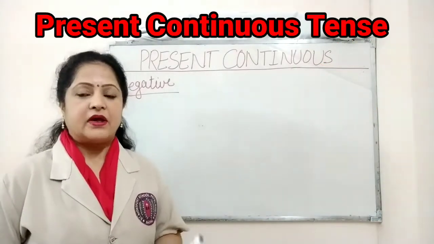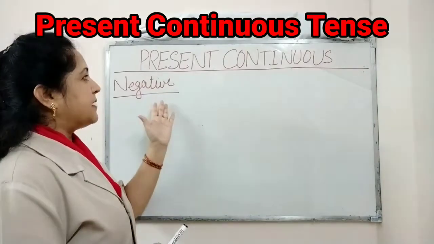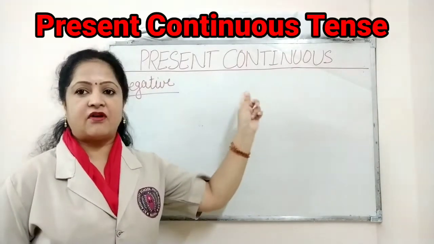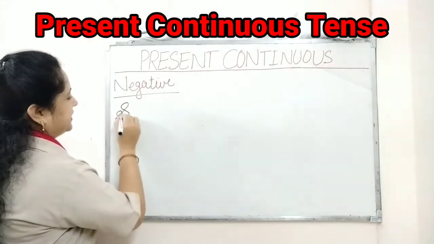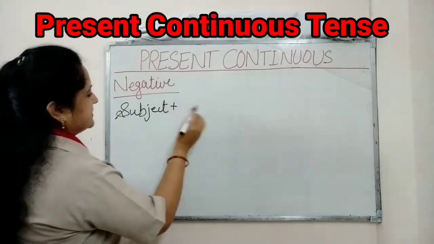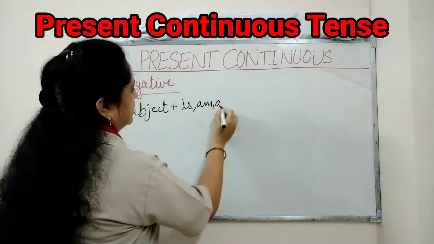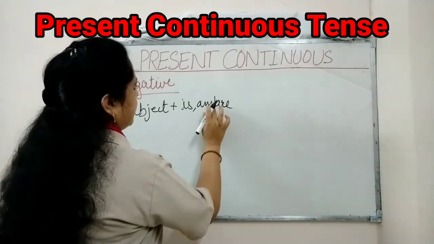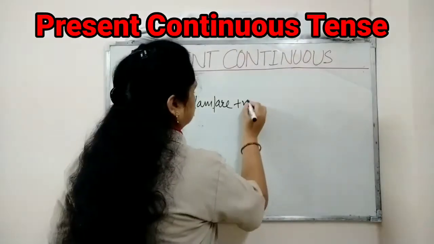Now if we have to make a negative sentence in present continuous tense, first of all we write the subject. After the subject, the same auxiliary verb is, am, are, and after that we write not.